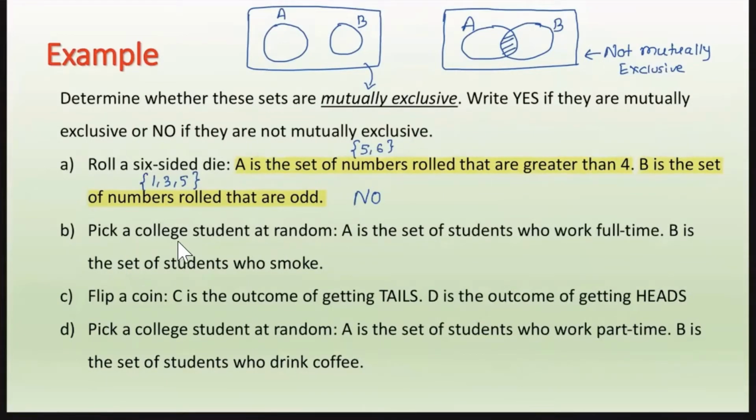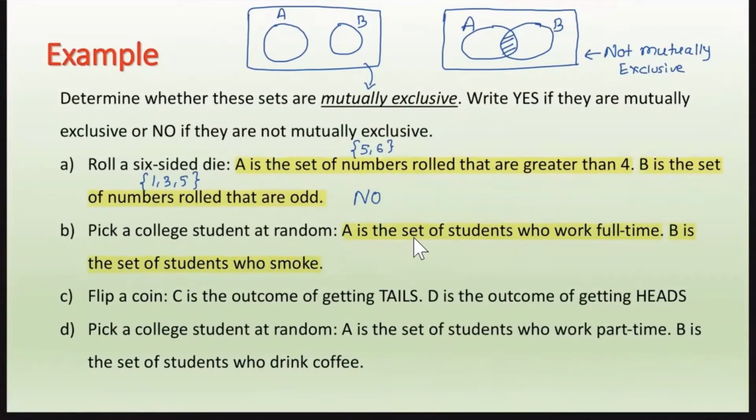The second is: pick a college student at random. That is your experiment. A is the set of students who work full-time, and B is the set of students who smoke. Do you think that there will be a commonality between these two?